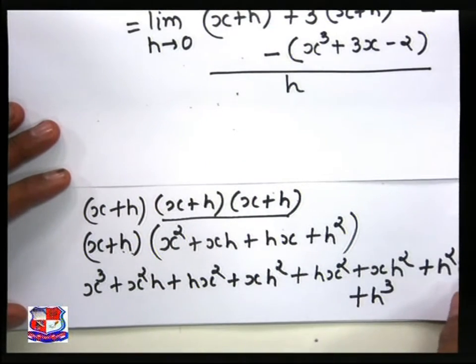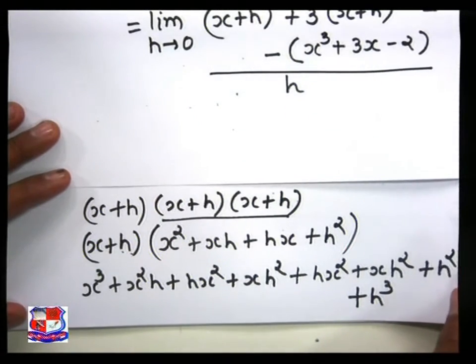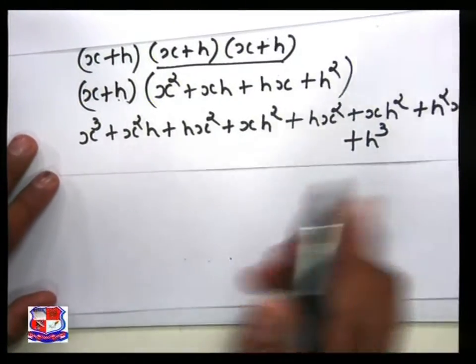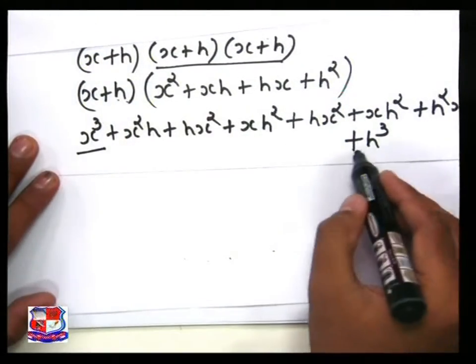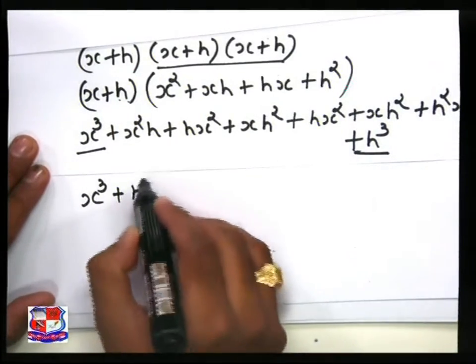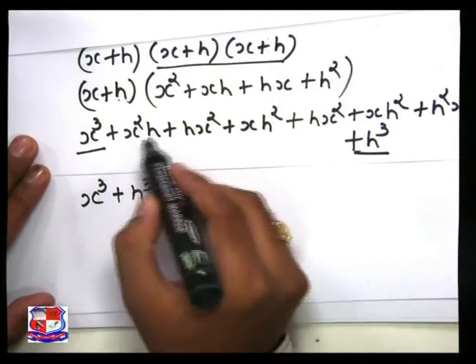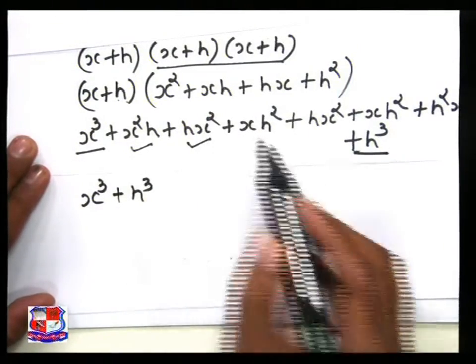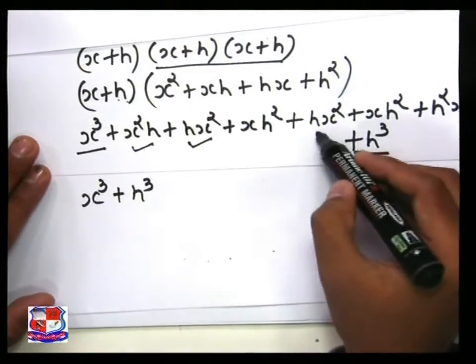So first of all write the highest power, then the lowest power, and then the remaining powers. So we can simplify: x cube, and here h cube. So x cube plus h cube, here x square h, again x square h, and again x square h.